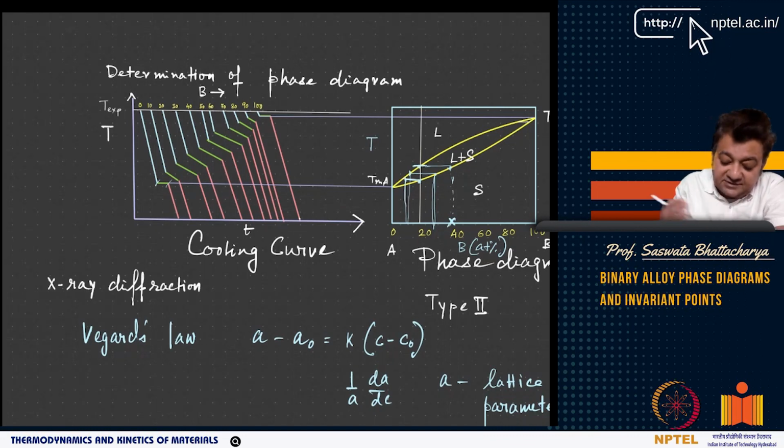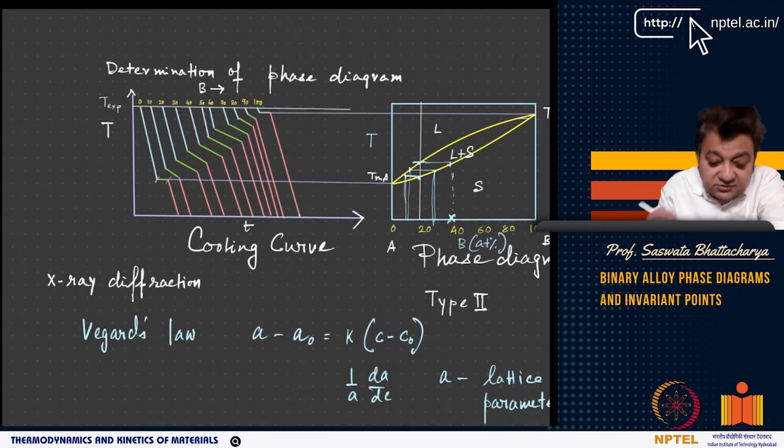The slopes need not be the same, because it can be different for the liquid and the solid. Also, it will vary as a function of composition. So all are possible.